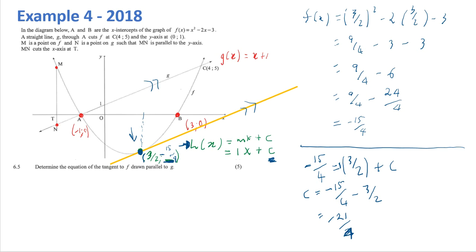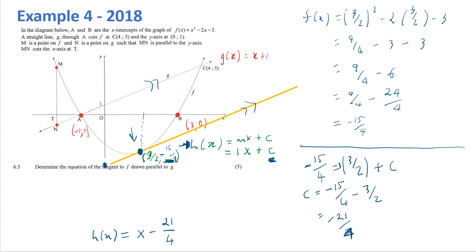And so the equation of the tangent to f, parallel to the line g, this tangent I've named function h, and that is x minus 21 over 4.